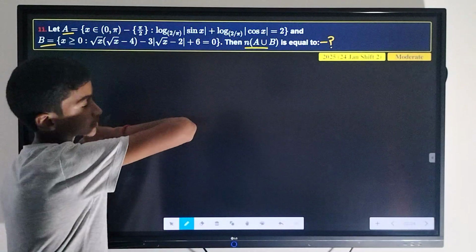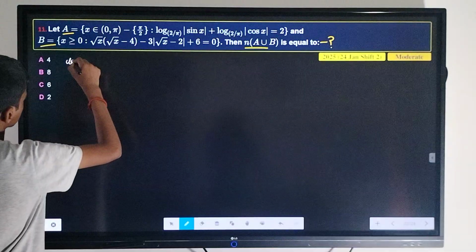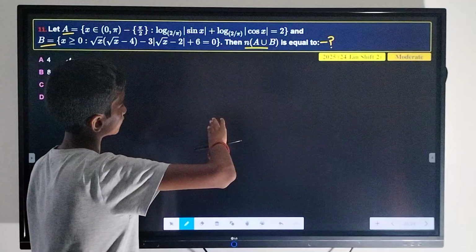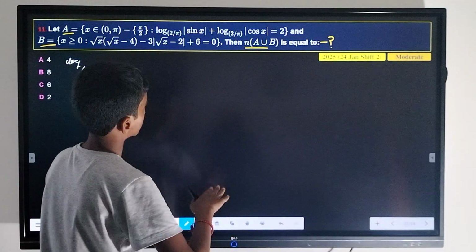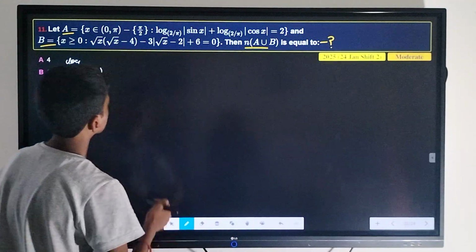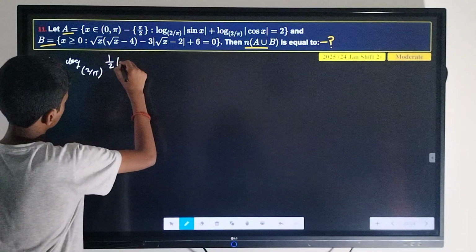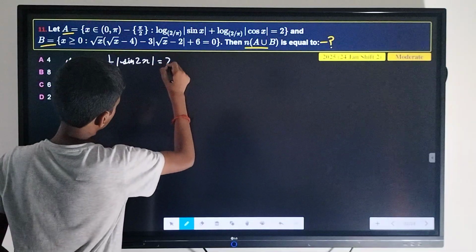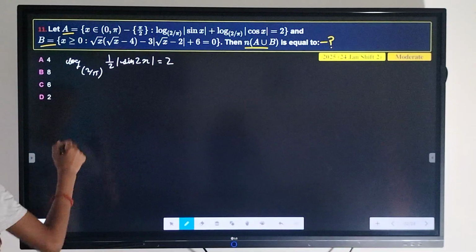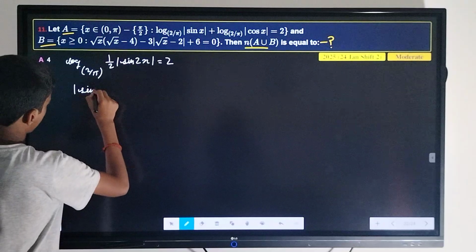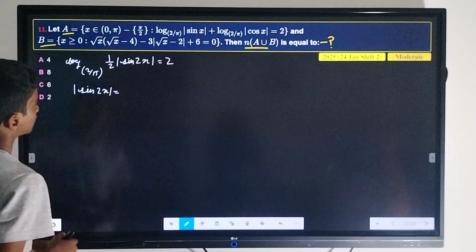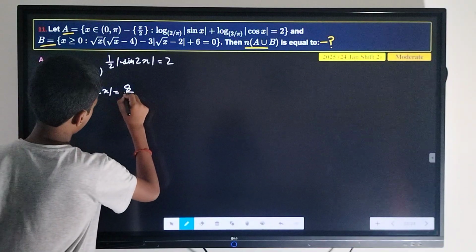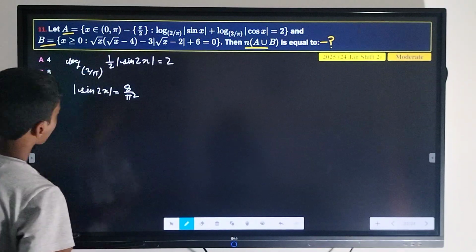We can write the equation as log base 2 upon 5 of modulus of sin x into cos x, which we can write as 1 upon 2 modulus of sin 2x is equal to 2. Now this is equal to magnitude of sin 2x is equal to 2 upon 5 whole square into 2, which is equal to 8 upon 5 square.